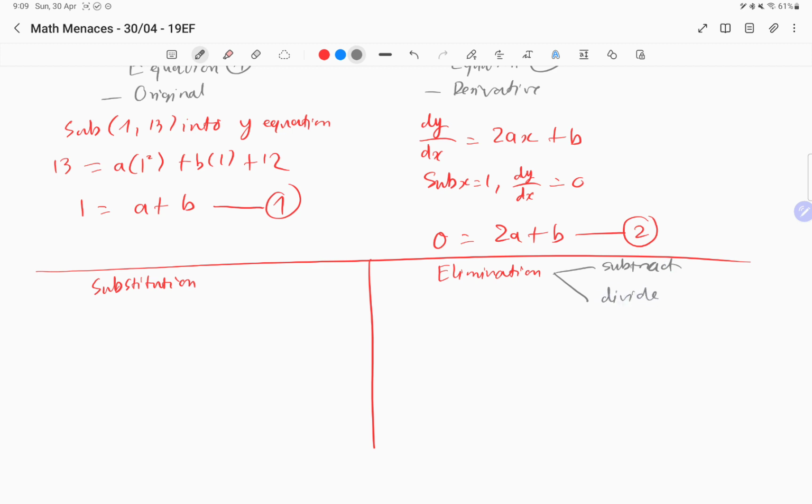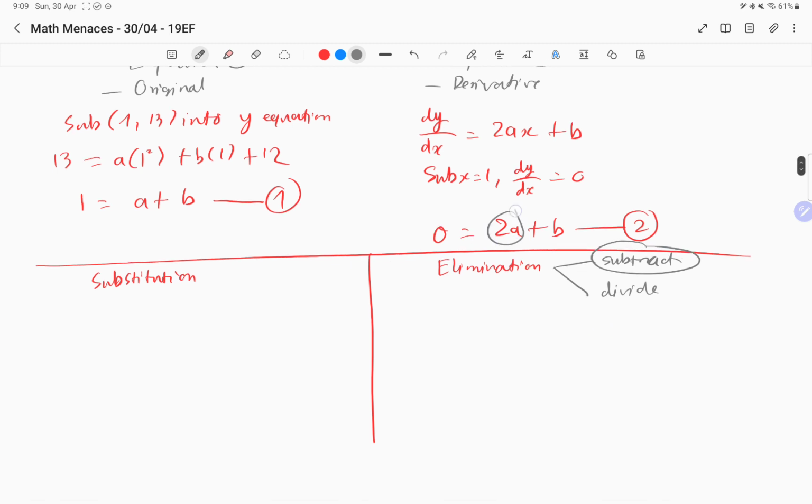In this example, we are going to subtract them because it's 2a plus b. In unit 3 you will learn exponential equations, and then you will get like 2a times b, then you will divide them. You do the opposite of what the equation is. So if it's plus, then you subtract them to get rid of it.